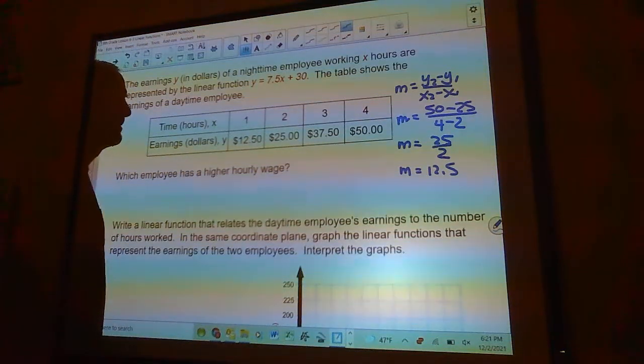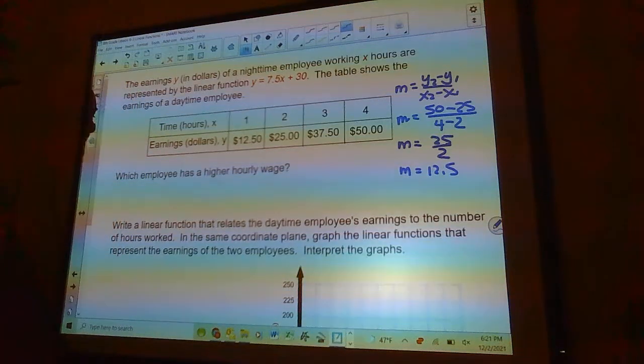Guess what that means they make at 0 hours? They get $0. So, who has the higher hourly wage?